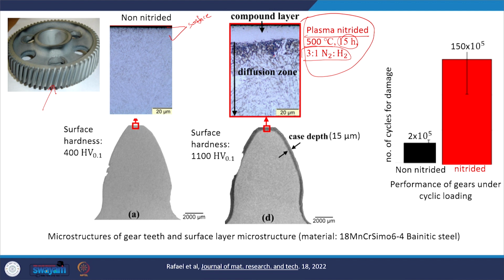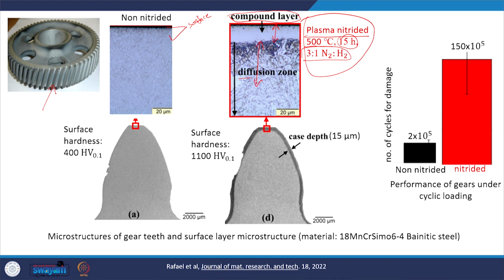Now, I want to bring your attention to the microstructure. You see here it is without nitriding, and this is after nitriding. You see at the surface something appearing white, close to the surface, that is the compound layer which we discussed in the last class, and below that you see some region where nitrogen is simply dissolved and maybe some nitrides like aluminum nitride or chromium nitride have developed.